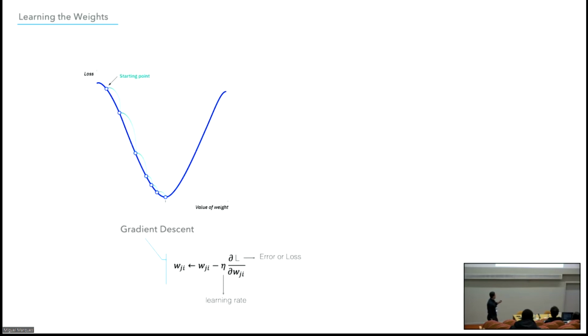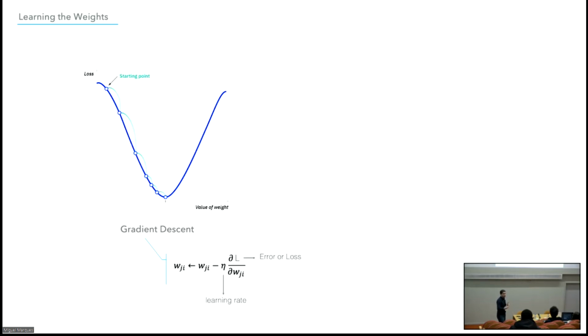So this is the only math equation that I have here. The idea is that each weight is updated by this factor, the learning rate. So the learning rate is more or less like moderating how much we are moving, and the derivative, so the gradient, so how steep is the descent at that point.